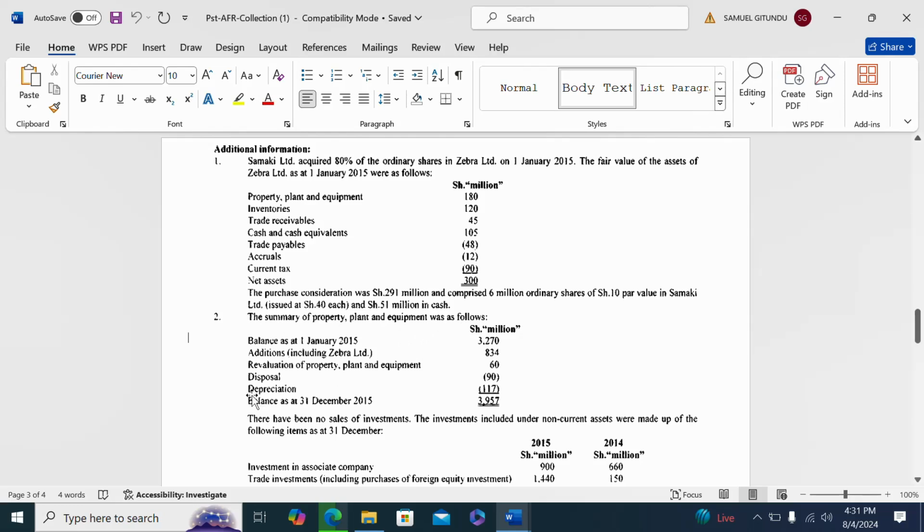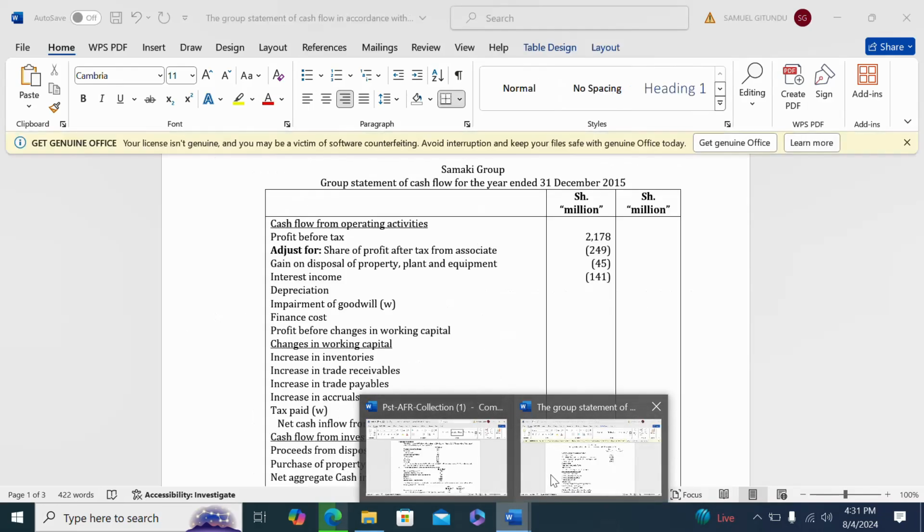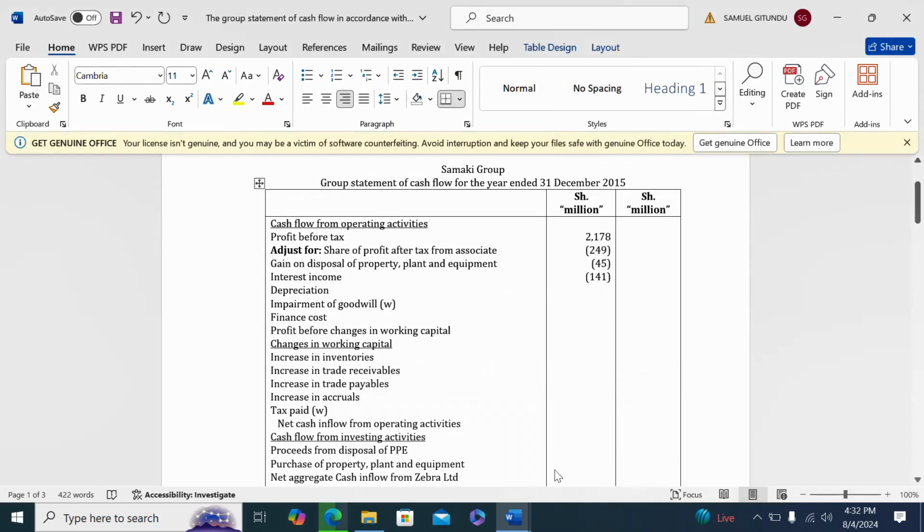The depreciation for the year is given as 117 million. So we add back the depreciation of 117 million.